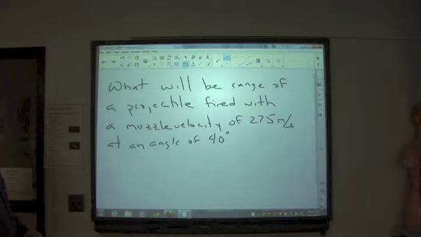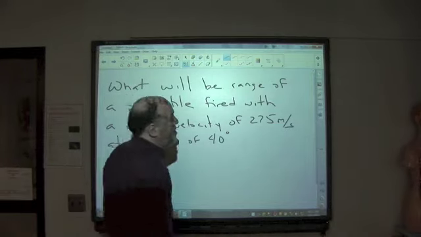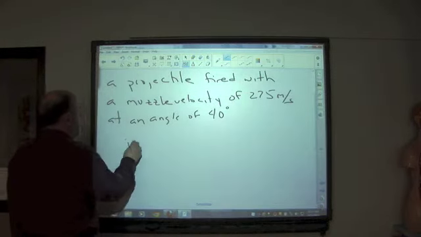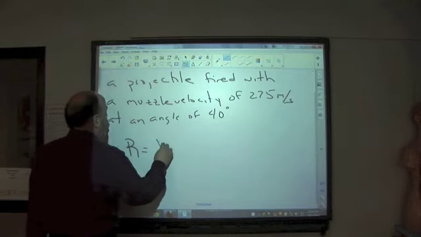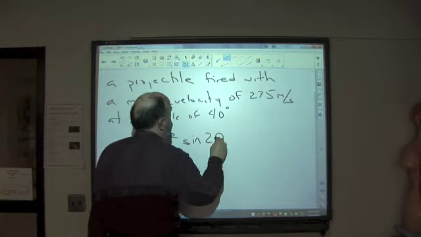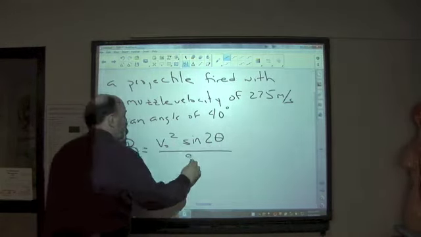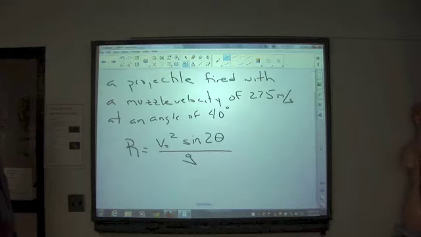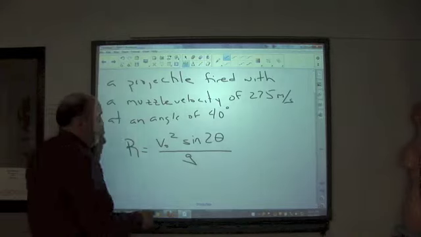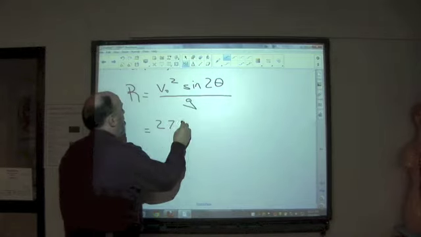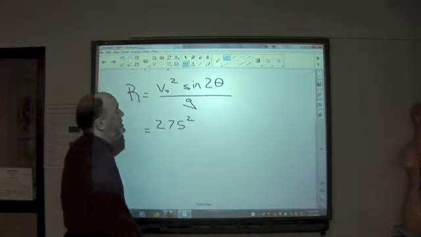So I'm going to find the range, and there's one other equation from this chapter: the range is given by the initial velocity squared times sine of 2 theta over g. In this particular problem, my initial velocity is 275 meters per second, so R is going to be 275 squared.